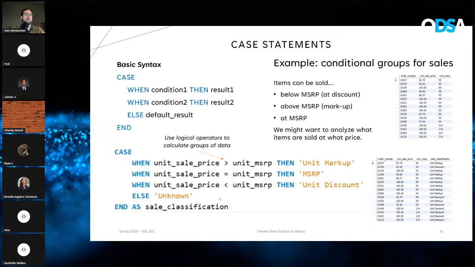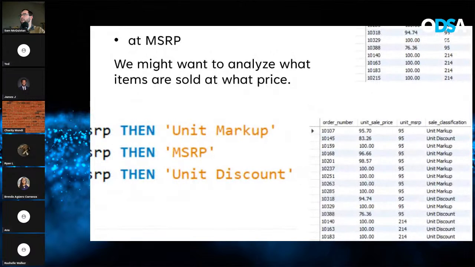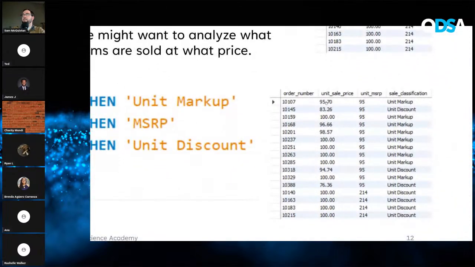So if I were to give you the example of the less than or equal to overlapping with the equal to case, where it should have been put into that equal to case, you'd be able to just look at all the records on the table and then compare the two columns side by side. And you can see here that the unit sale price, when it's $95.70, is equal to 95.